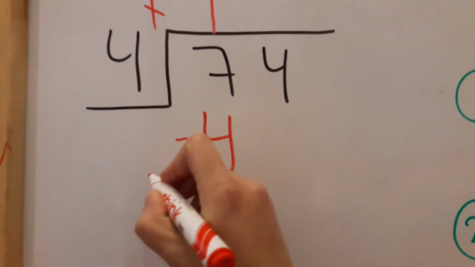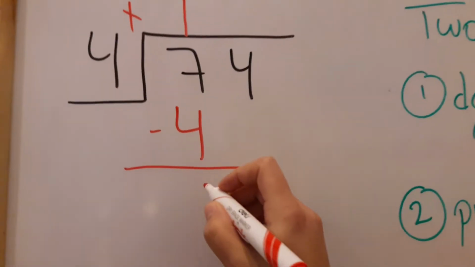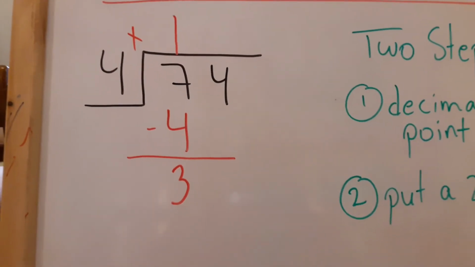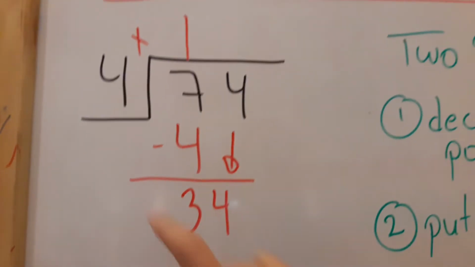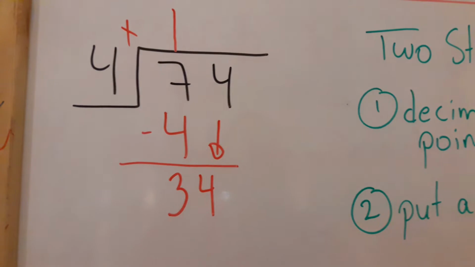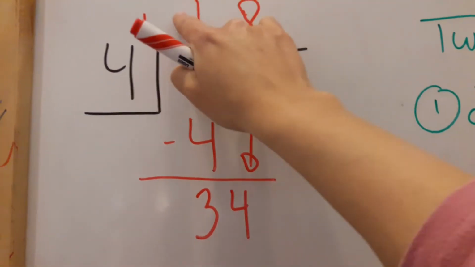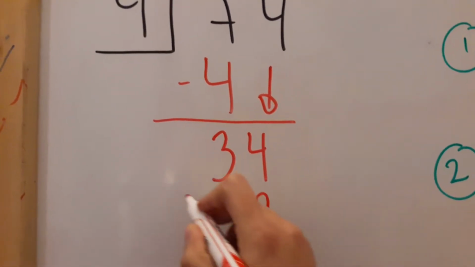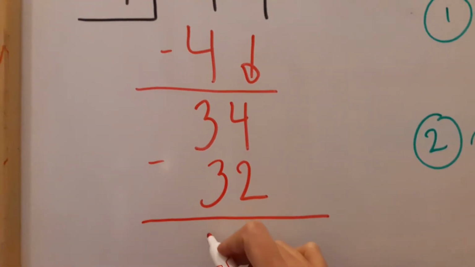Then I subtract: 7 minus 4 is 3. Now the 4 comes down. 4 times what gives me 34, or a number closer to 34? We have 8. 8 times 4 is 32. Then we subtract. This is 2.